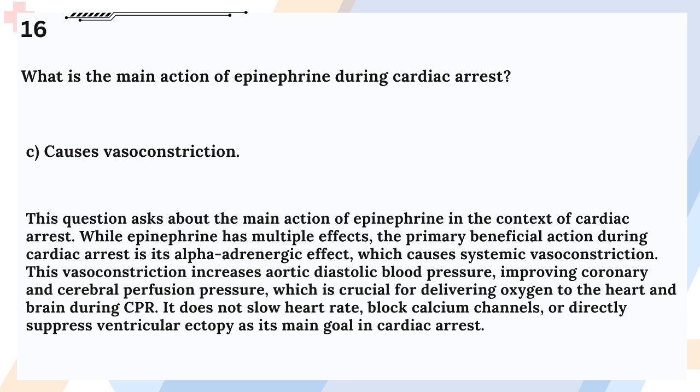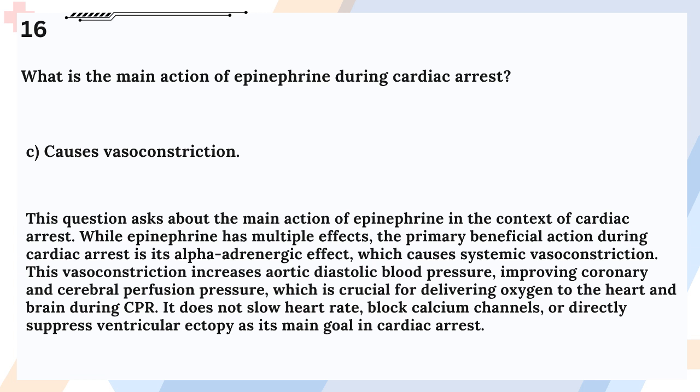Answer C. Causes vasoconstriction. This question asks about the main action of epinephrine in the context of cardiac arrest. While epinephrine has multiple effects, the primary beneficial action during cardiac arrest is its alpha-adrenergic effect, which causes systemic vasoconstriction.